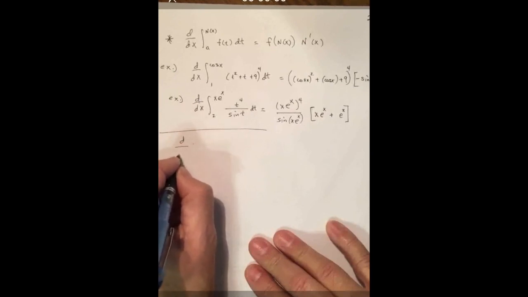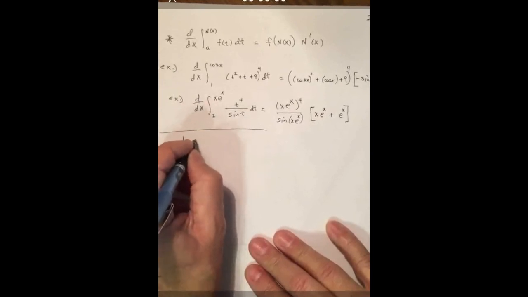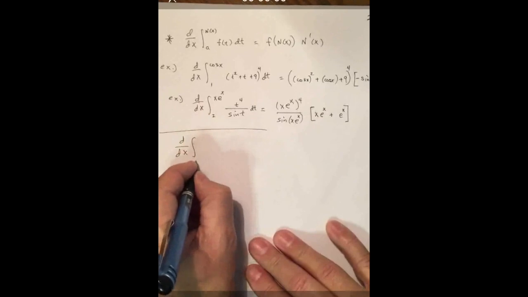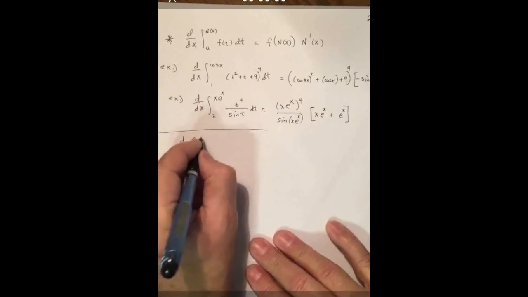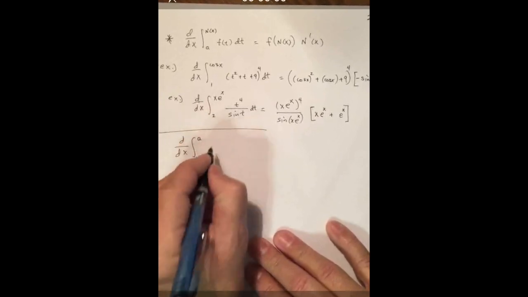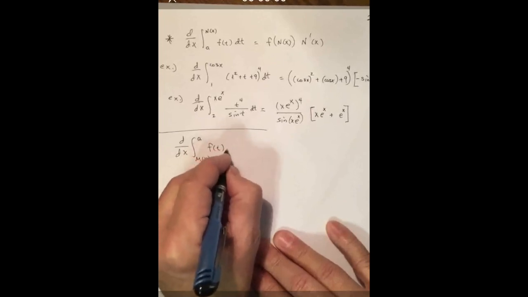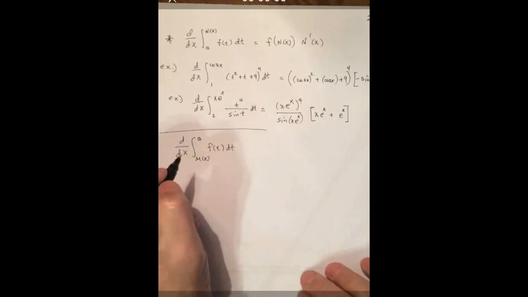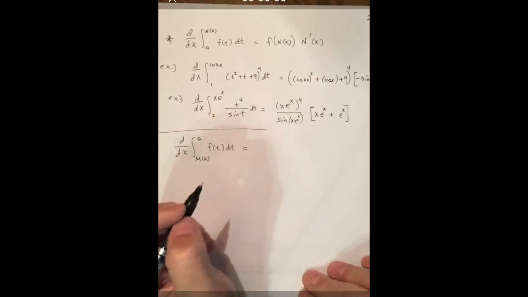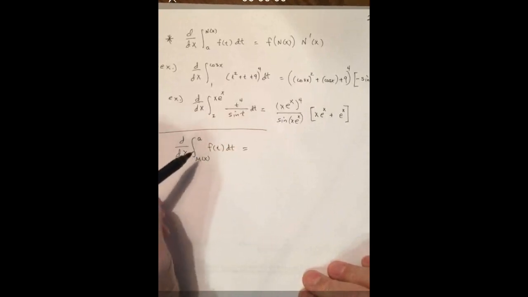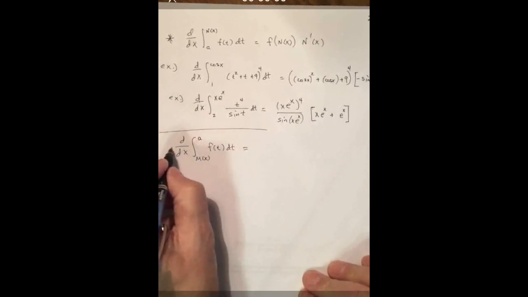Suppose you're presented with this situation. Suppose you have some function m of x here and a number here. Well, we're going to invoke a property. We know one of our properties is that we may switch the order of the limits of integration, but we have to pay a tax of a minus sign.